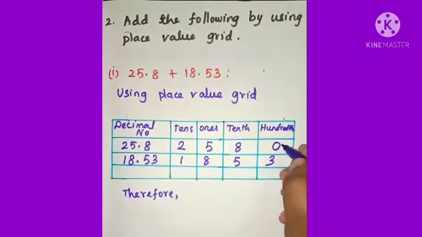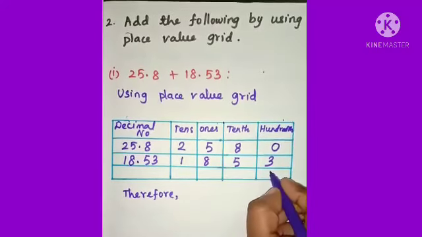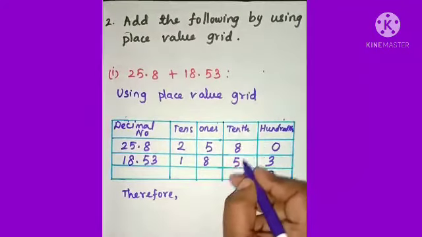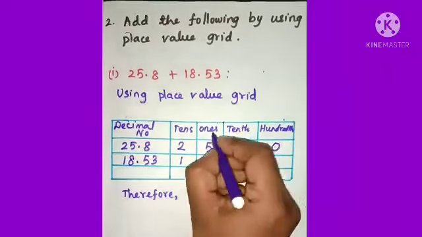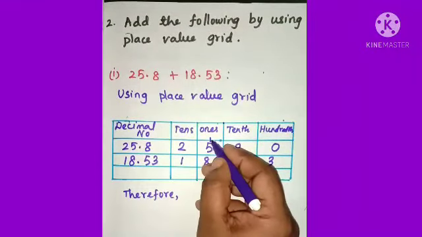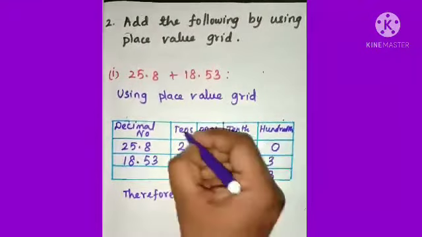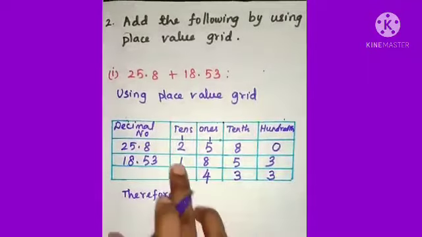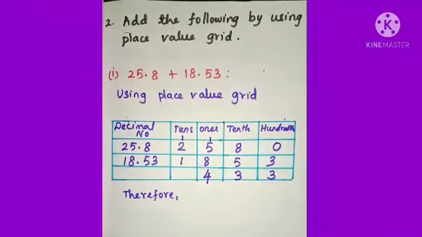Now adding these two numbers. First we add the hundredths place. 3, and 8 plus 5 is 13, so put 3 and carry 1. And 1 plus 5 is 6. 6 plus 8 is 14, put 4 here, and 1 will be carried to the next digit.